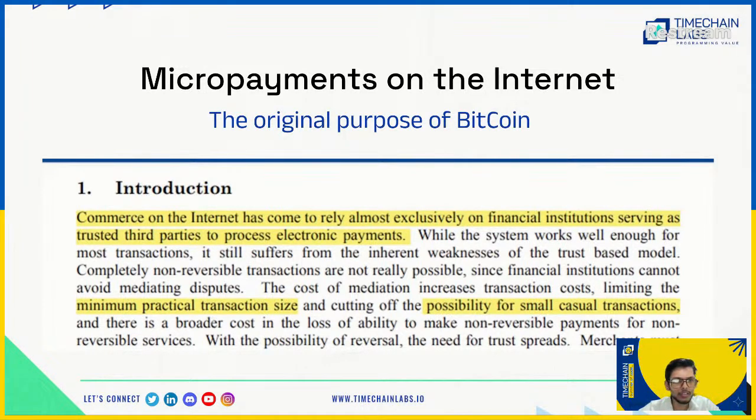So that is putting the minimum practical transaction size to be a lot larger than small data transactions needed to power the data economy. That's what's creating the barrier to entry and the loss of ability to make non-reversible payments for non-reversible services on the internet, like servers sending you data.